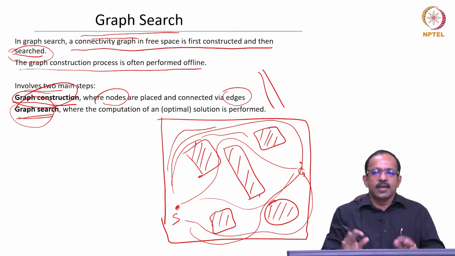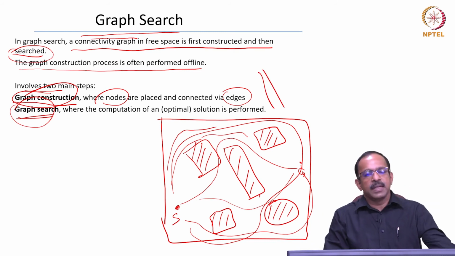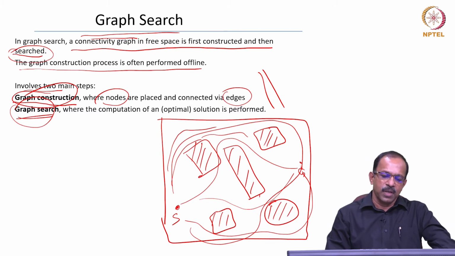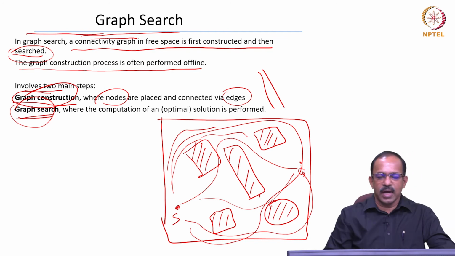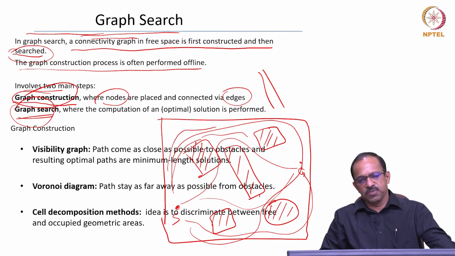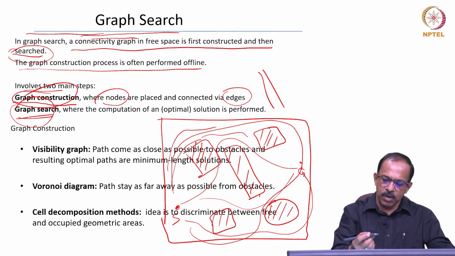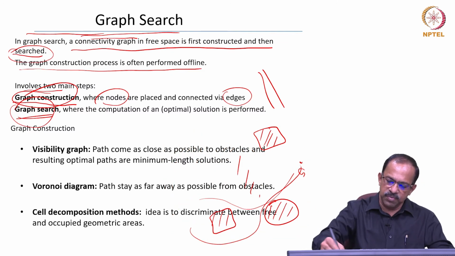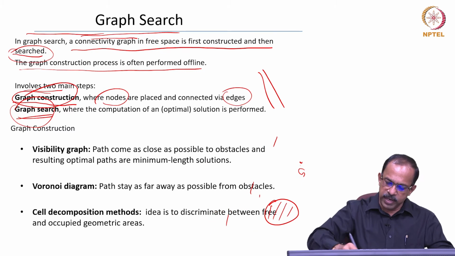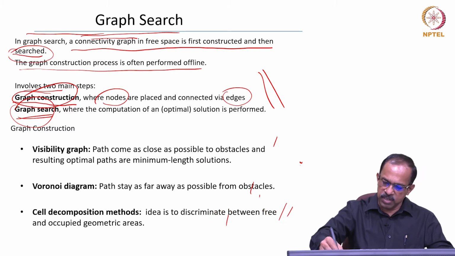So, again there are different methods proposed in the literature to create the graph. First we need to have the graph created and then do the search. So, in the graph search method, we will have multiple methods to create the graph and to identify all the potential paths existing.